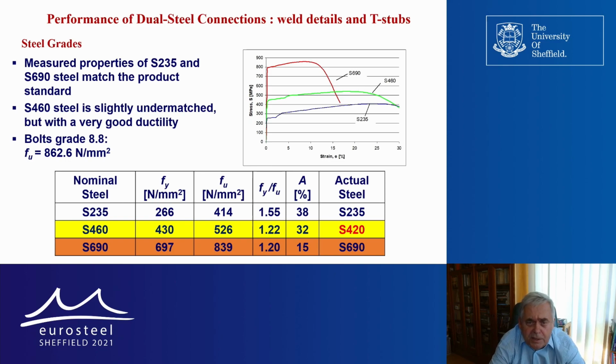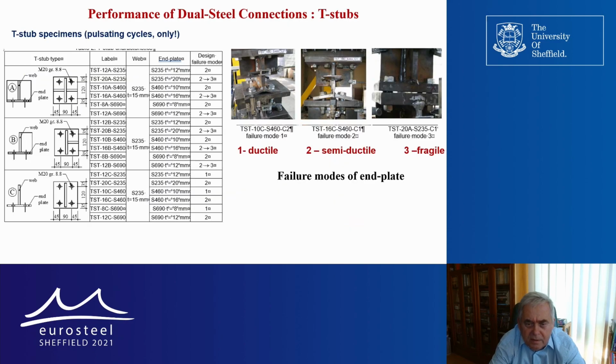These are the tensile results for the materials used to realize the specimens. You can see that the nominal values are close to the actual steel, so no big difference in between.